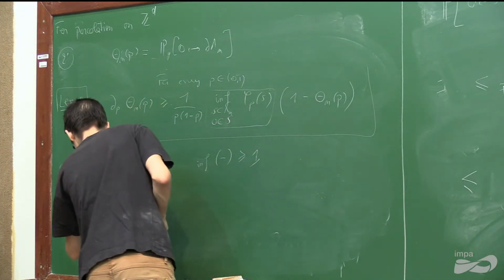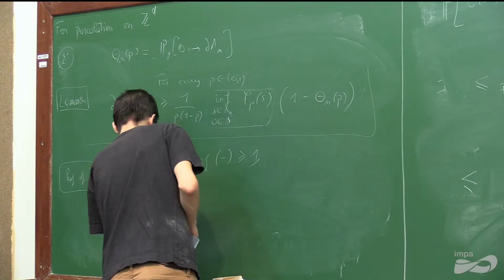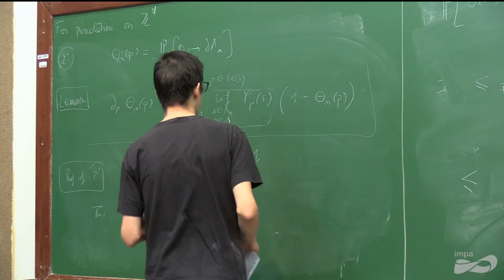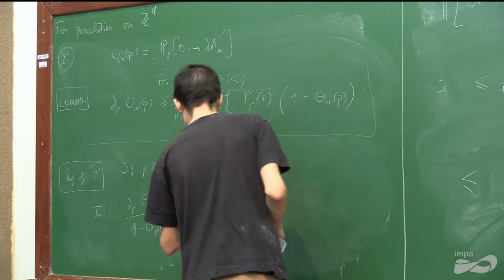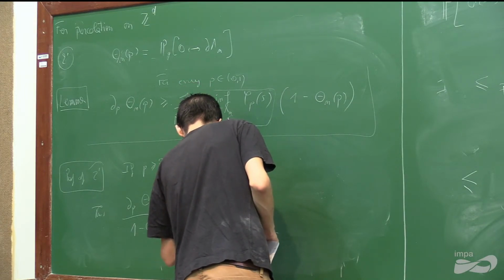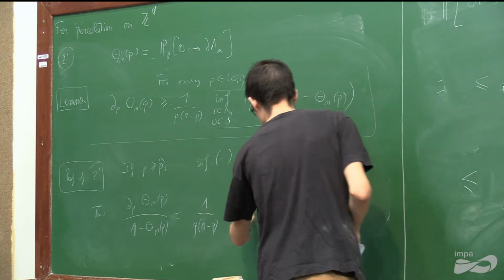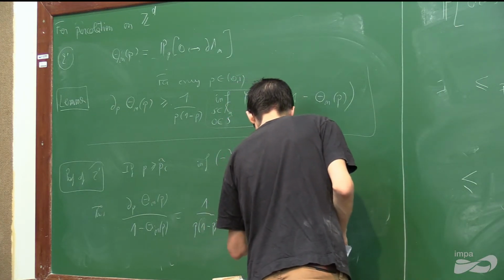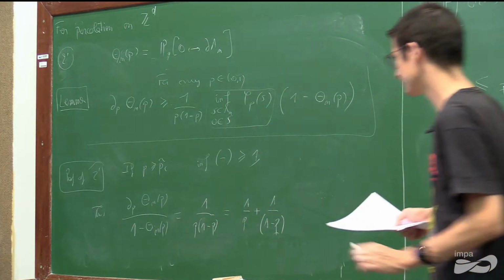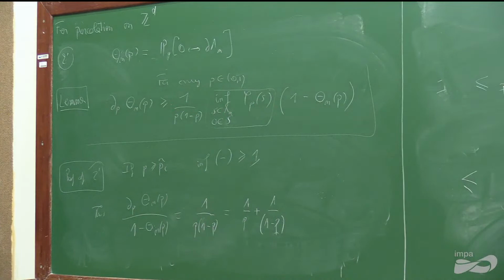Therefore, what we have is that the derivative in p of theta n p over 1 minus theta n p is larger than 1 over p(1 minus p), and this is equal to 1 over p plus 1 over 1 minus p.